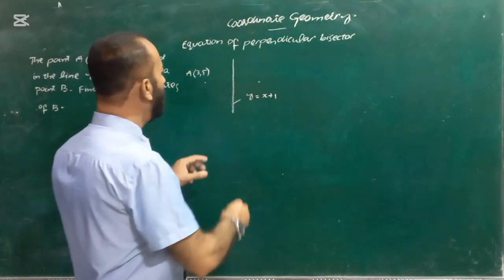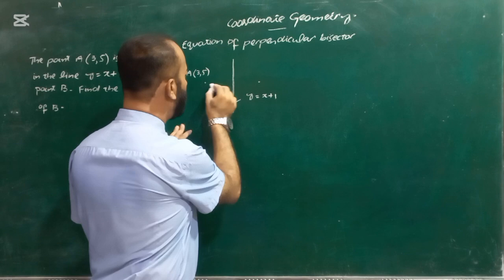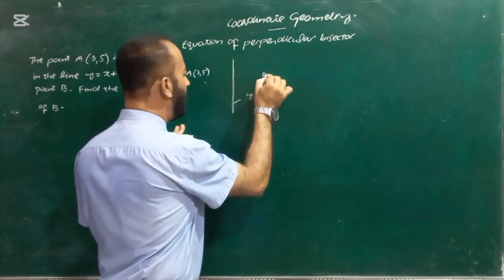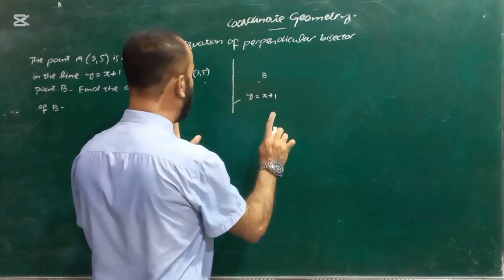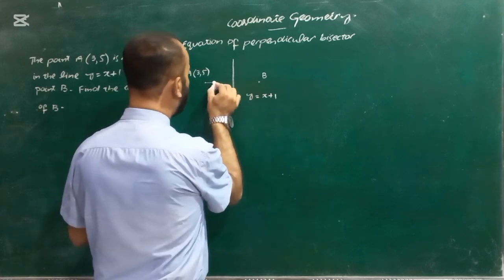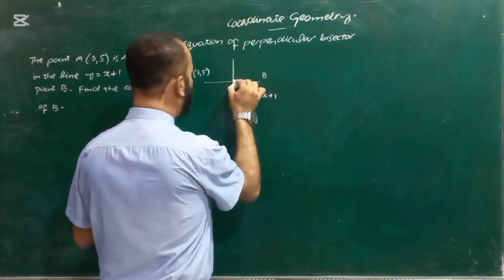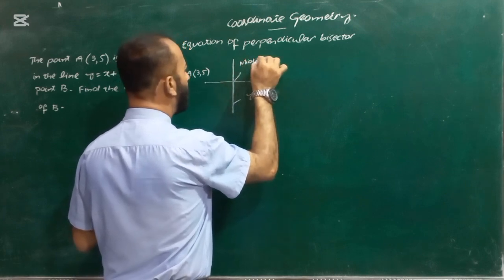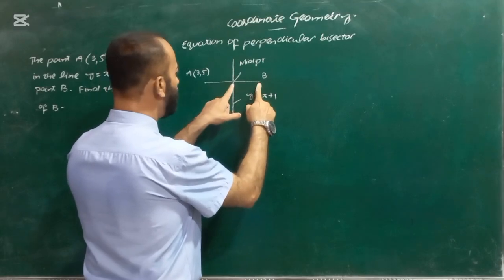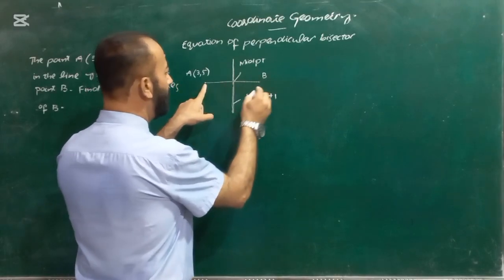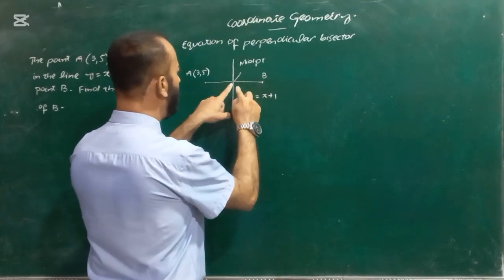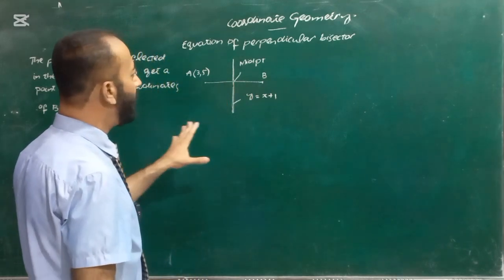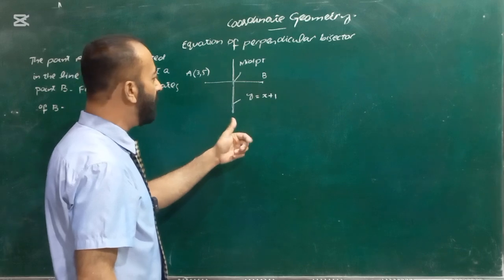So it means this point will be the midpoint, because this distance and this distance are equal. So this is the same case as the previous one.